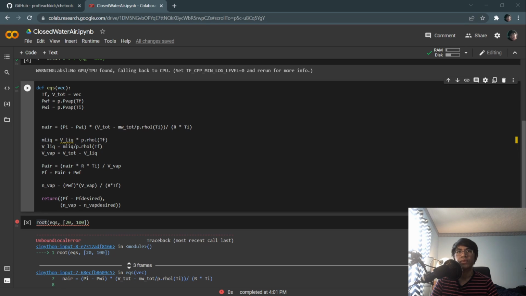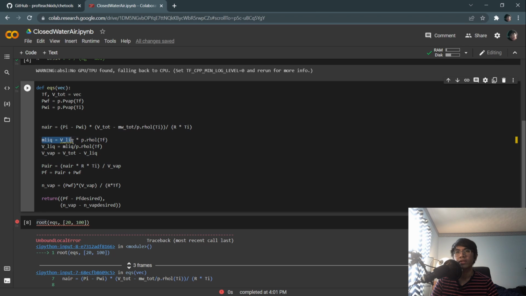We also need to define our moles: the mass of the water vapor is equal to the moles times the molar mass. We need to define the mass of the water vapor, and that does not appear here at all, which is quite peculiar.